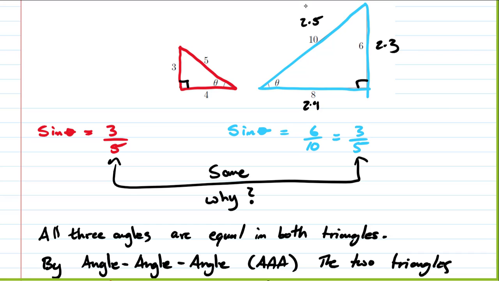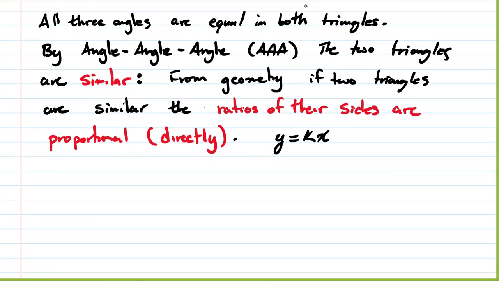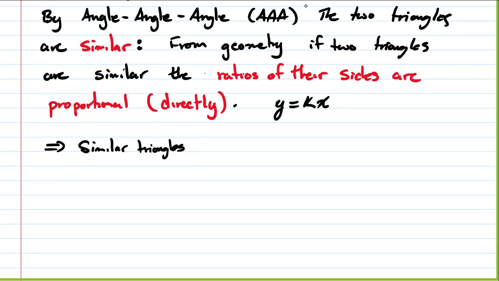But regardless, if they're directly proportional, if we form a ratio, what's going to happen each time? Well, that common factor of 2 is going to reduce out every single time. So the important part about all of this is that similar triangles have the same trigonometric ratios.